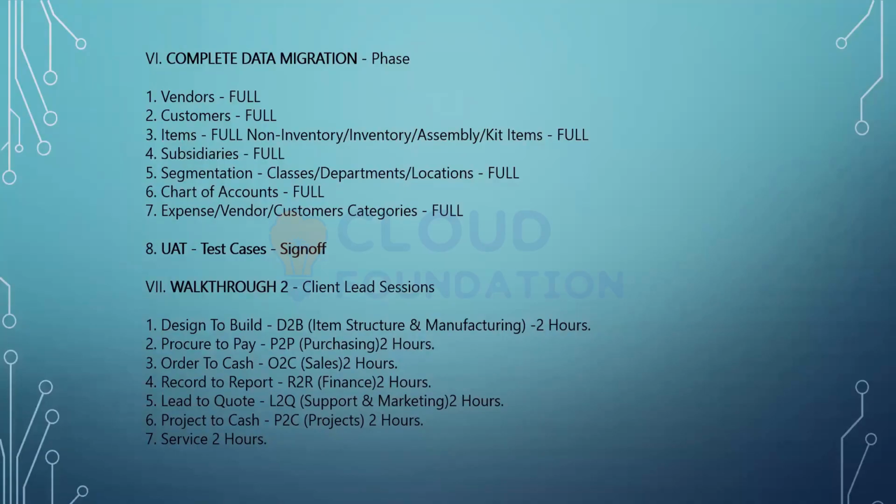And then we have the expense categories, vendor categories and customer categories that we need to import. So this is the list of complete data migration which is done after walkthrough 1 is done. And then based on walkthrough 1, we create the UAT test case scripts. We provide them to the clients.